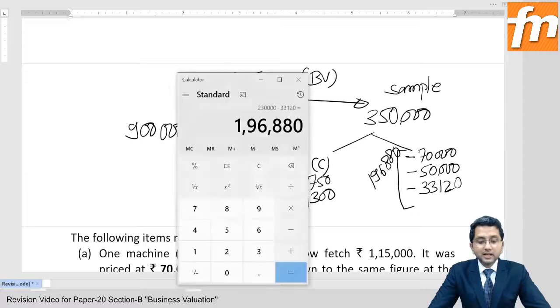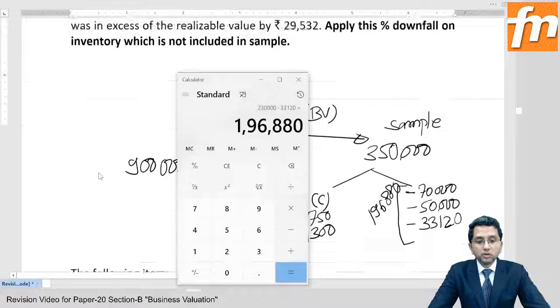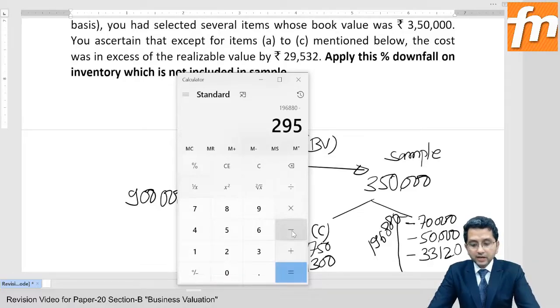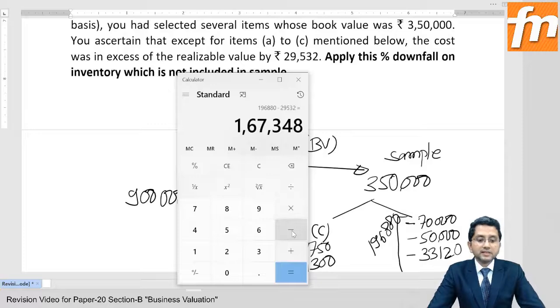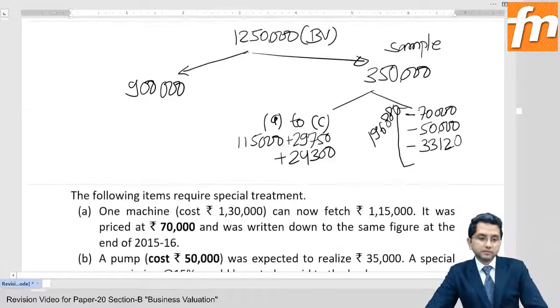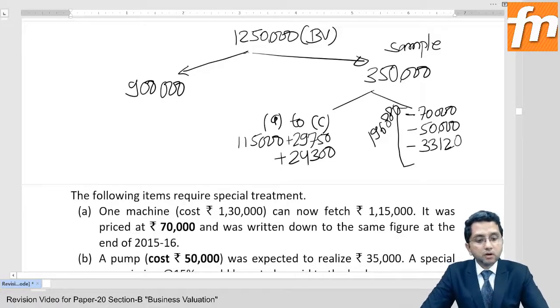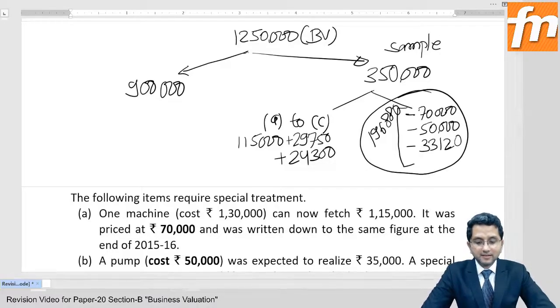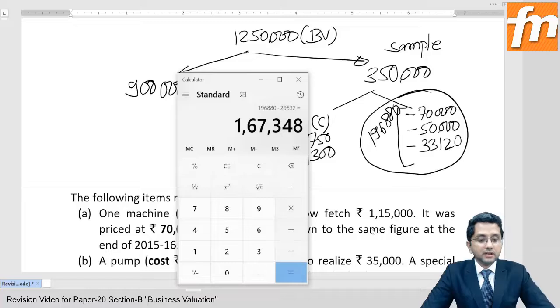So 196,880 is the cost, and you need to do minus 29,532. This is 167,348. So this book value should be included at a realizable value of 167,348.